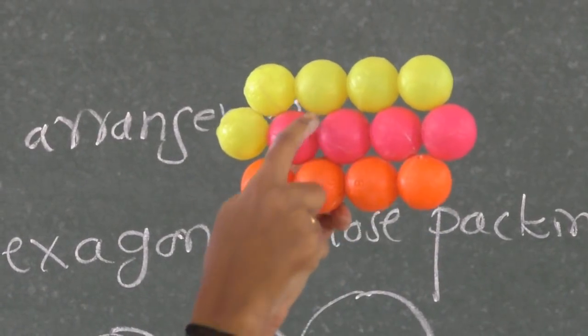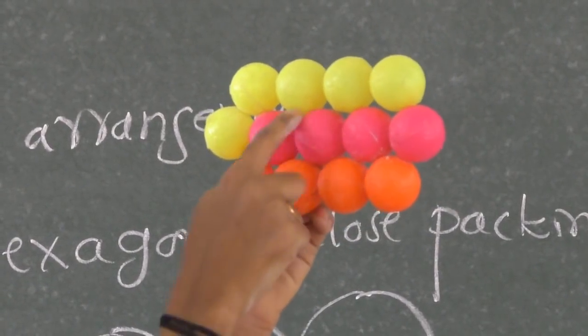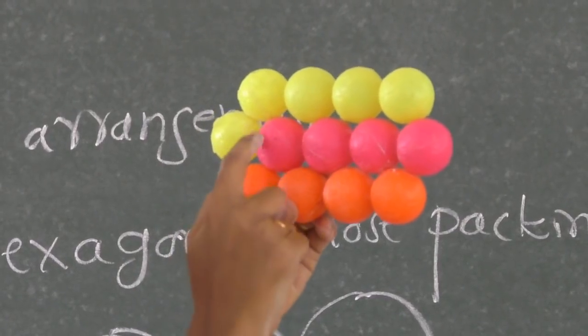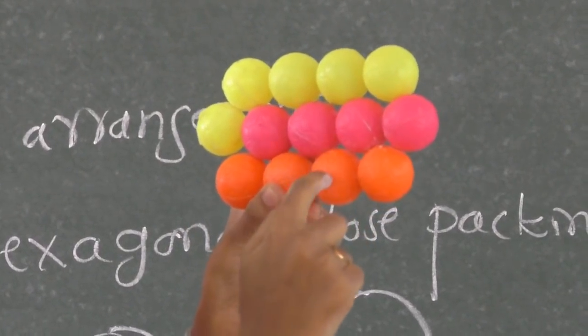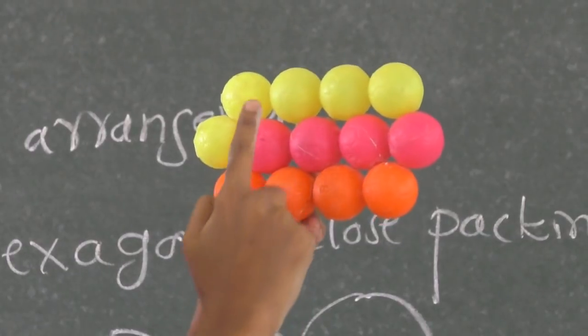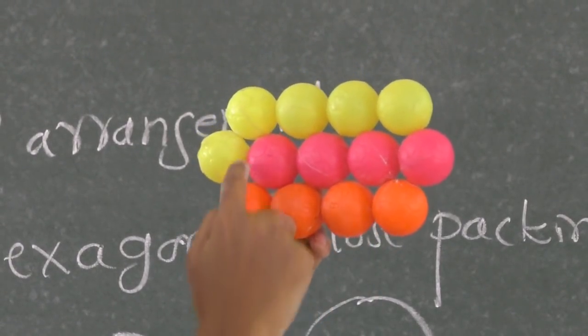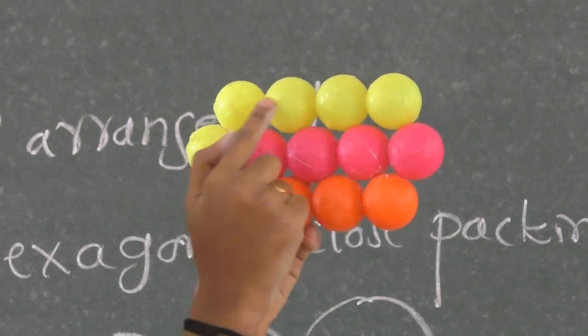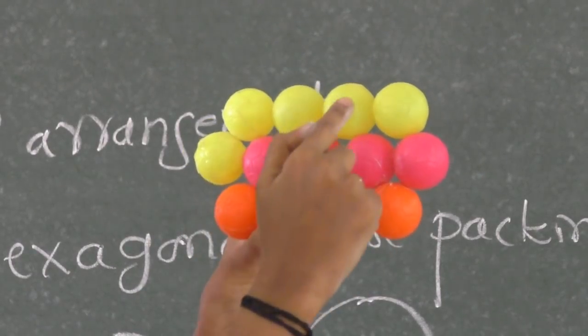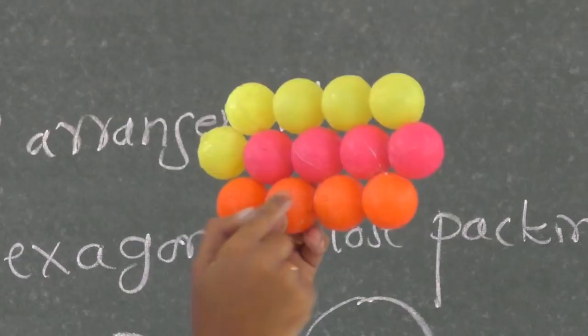Now, see this pink colored sphere, it will be in contact with the 6 neighboring particles, right? 1, 2, 3, 4, 5, 6. If you join the centers of all these 6 spheres, you will get what? Hexagon.